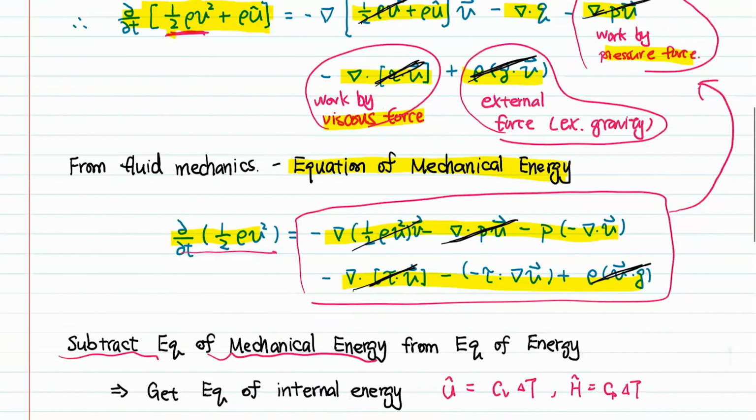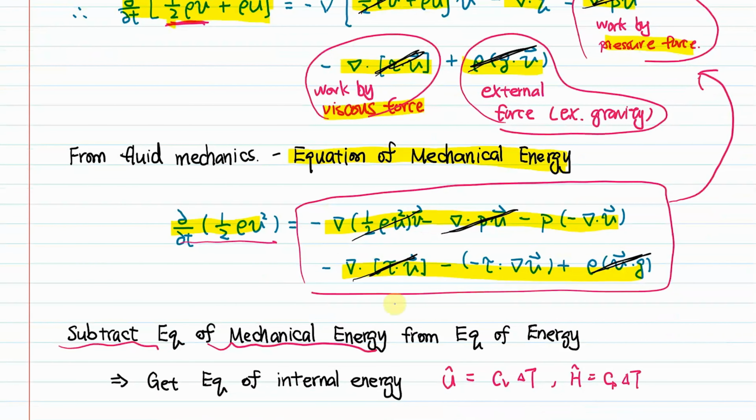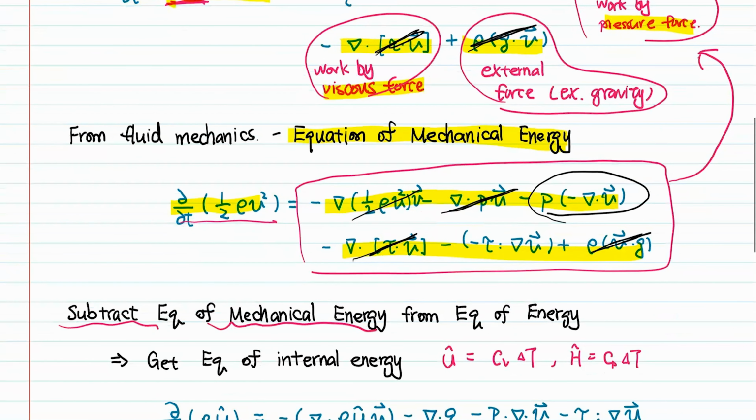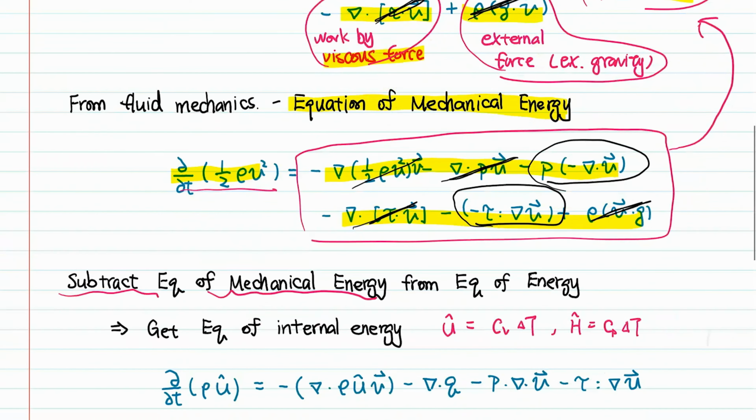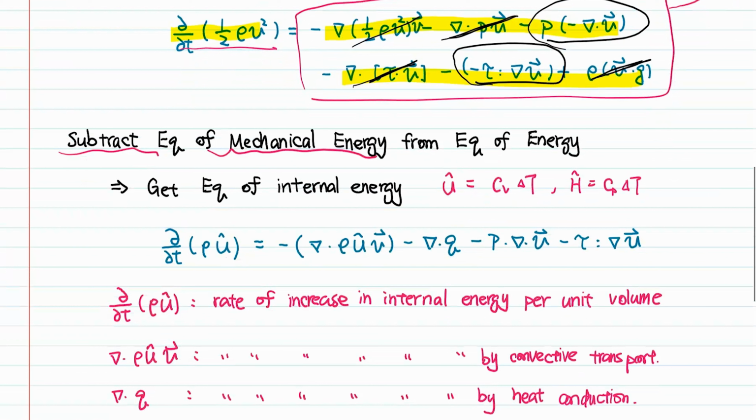But we've introduced 2 new terms, right? So the 2 new terms are here. What we call the reversible rate of internal energy increase per unit volume by compression, and the irreversible increase by viscous dissipation. Okay, so we get to our equation of internal energy right down here.